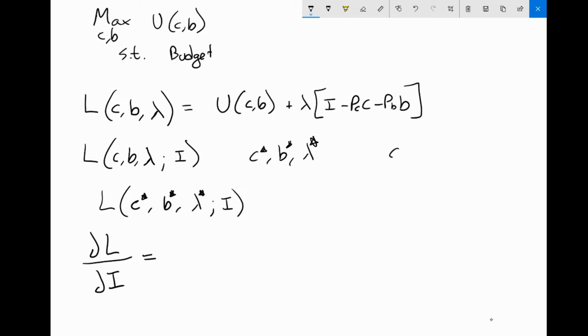Remember, C star is a function of the parameters, B star is a function of the parameters, and lambda star is a function of the parameters.